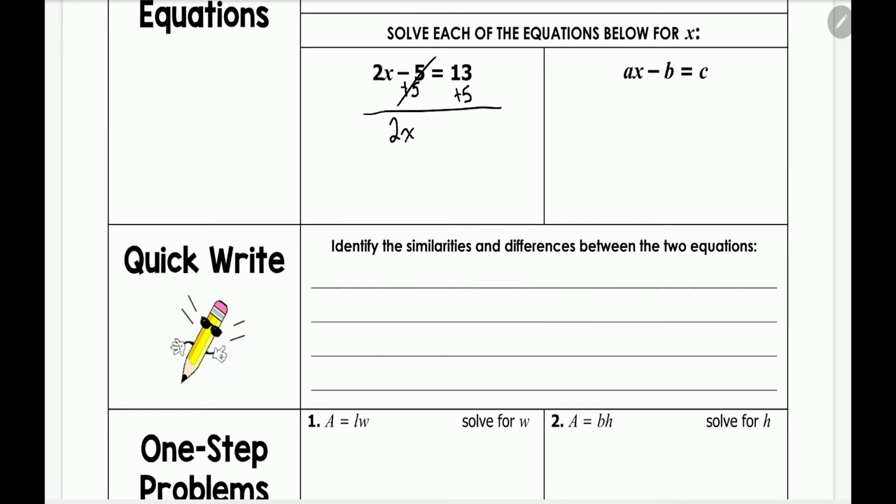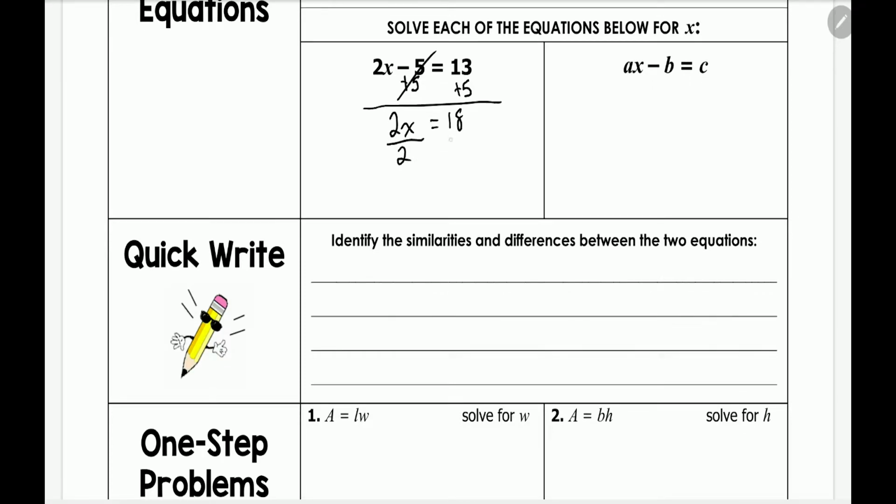We're left with 2x equals 13 plus 5, which is 18. Then we divide by 2 on both sides, so x equals 18 divided by 2, which is 9. That's the answer: x is equal to 9.